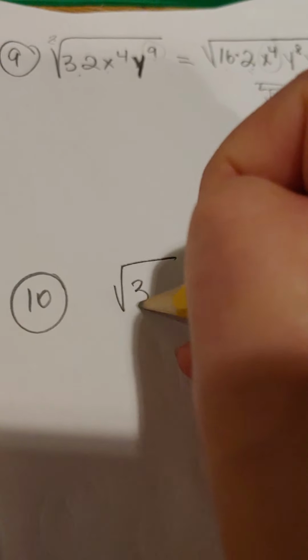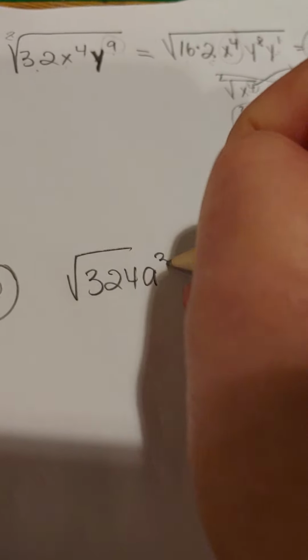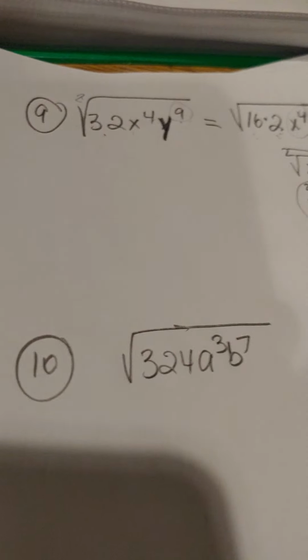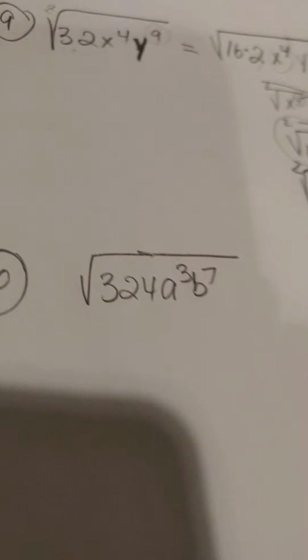Let me go over problem 10. And I'll try to do it as fast as I can. So the square root of 324, a to the 3rd power, b to the 7th power. So 324 is not our perfect square, correct? No, it's not. So actually it is.